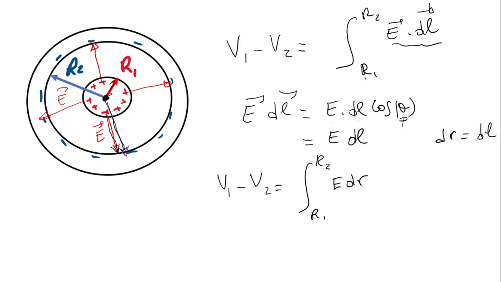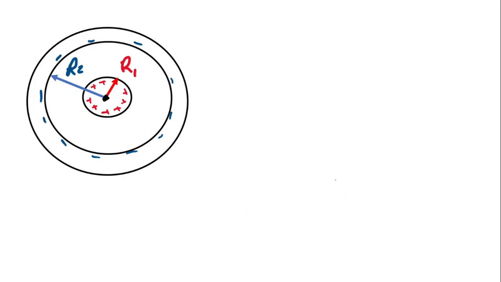In order to find this electric potential, first we need to find the electric field between these cylinders, in this zone. To find the electric field in this zone, I will use Gauss's law.